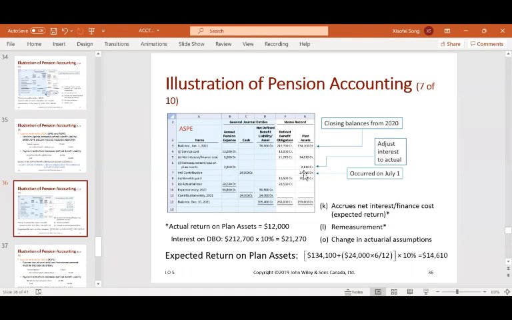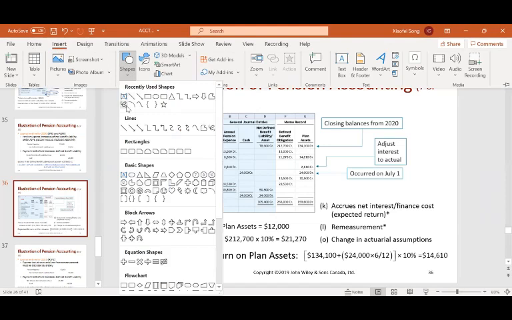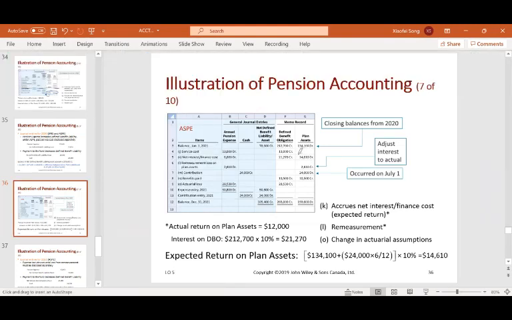So the difference of 2,610 needs to be adjusted. This time it's a credit, because the expected return is higher than the actual return. So we actually have a remeasurement loss. The net of these two would ensure the amount included in the plan assets is correct.